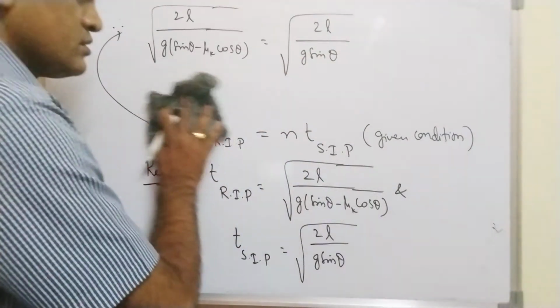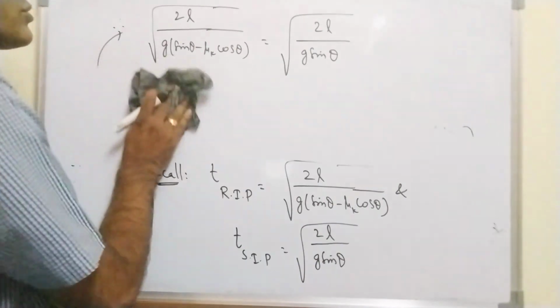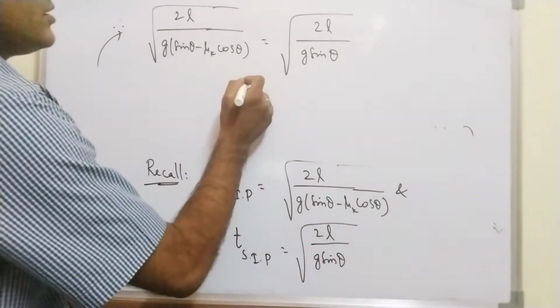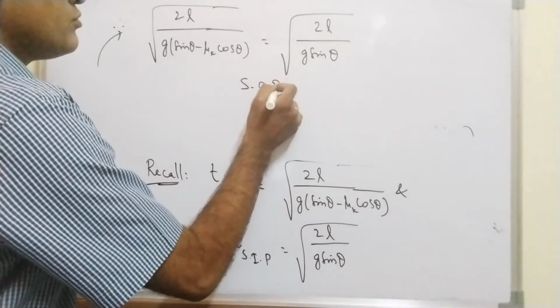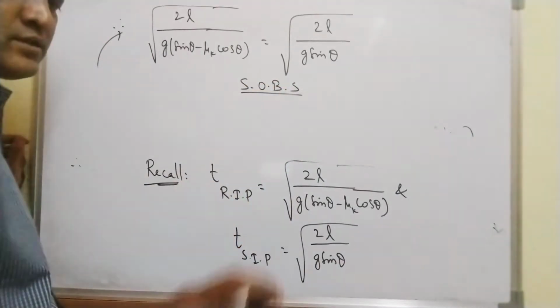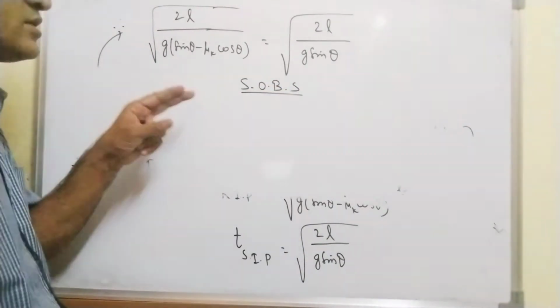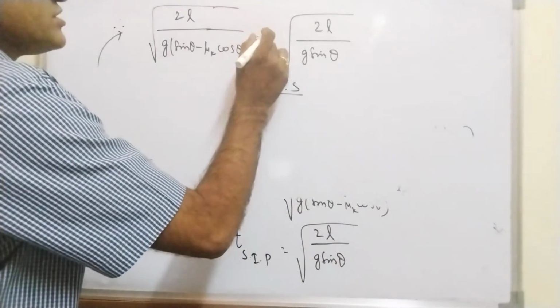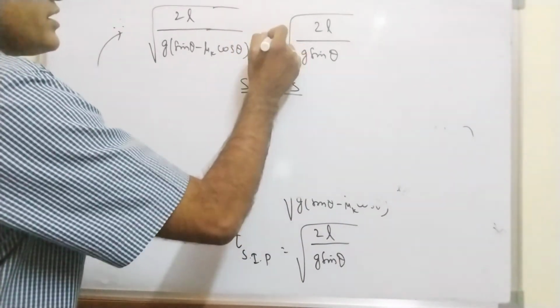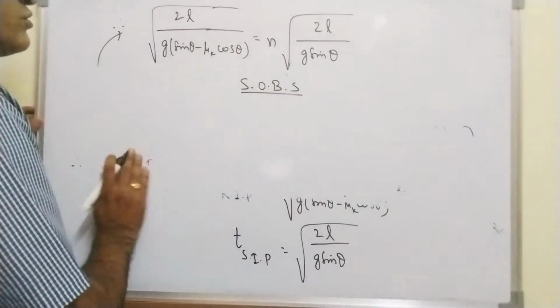Now squaring on both sides, the n becomes n square, is it not?